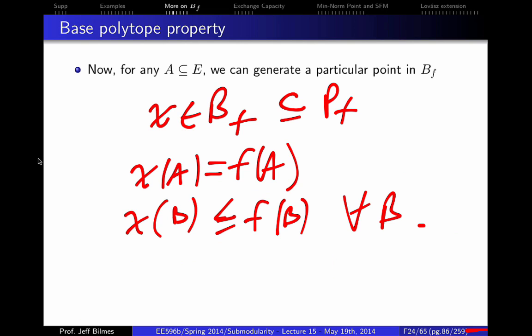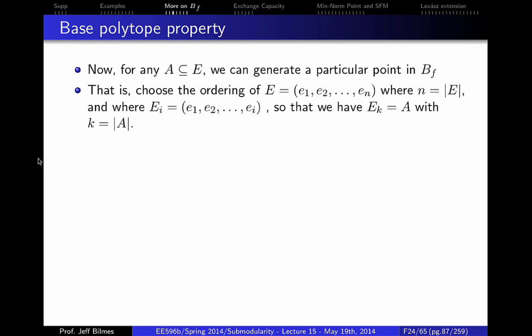Now, how do we get this? It turns out to be extraordinarily easy, given the tools that we now know. We choose the ordering, but we choose the ordering in such a way that, let's say that A is of size k, we choose the ordering so that E sub k is equal to A. Other than that, it doesn't matter.